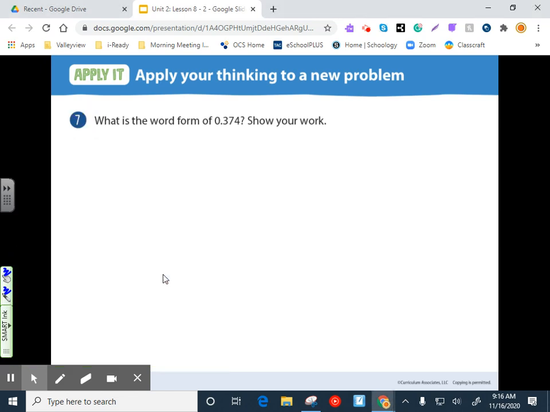All right, 7. What is the word form of this number? Okay, so instead of doing a place value chart, let's look at it this way. Let's look at the smallest place value here. That's going to be thousandths. And then what's the number to the right of the decimal?